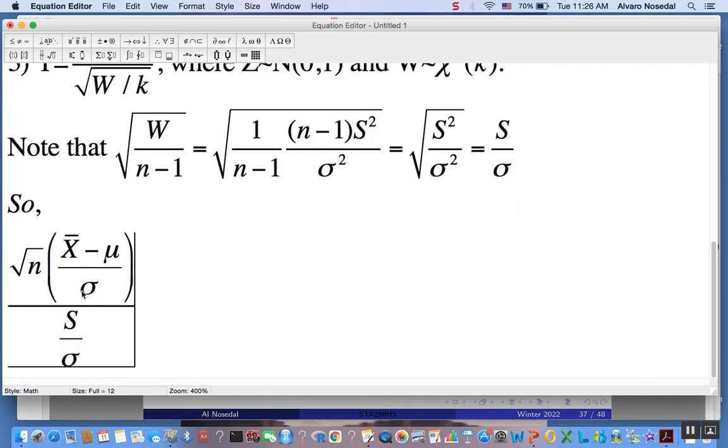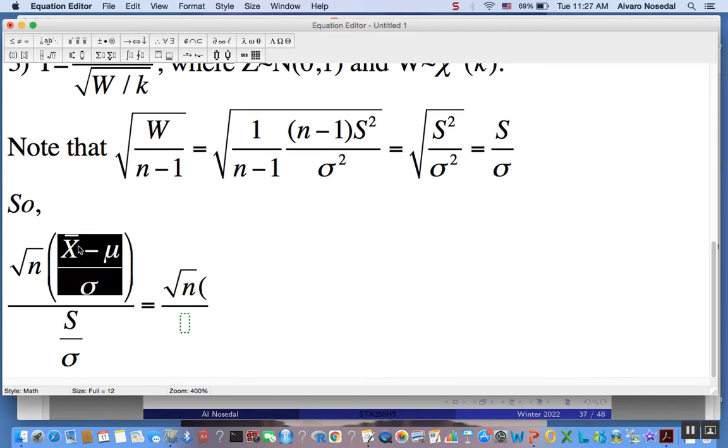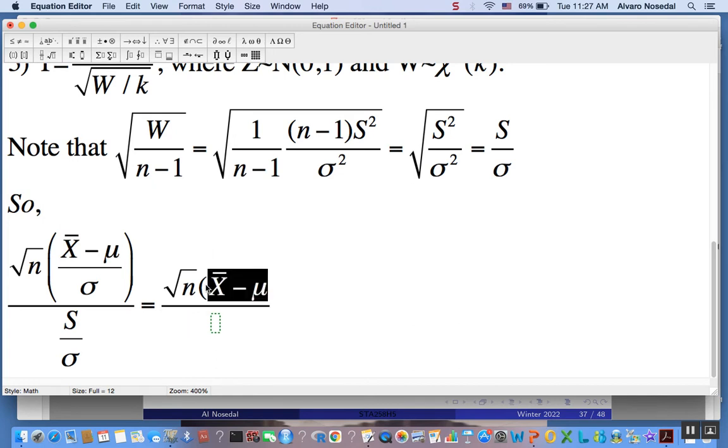Note that these sigmas will cancel out, so what we end up having here is just the square root of n times x bar minus mu, just this, that's the only part that I want, divided by s, right?